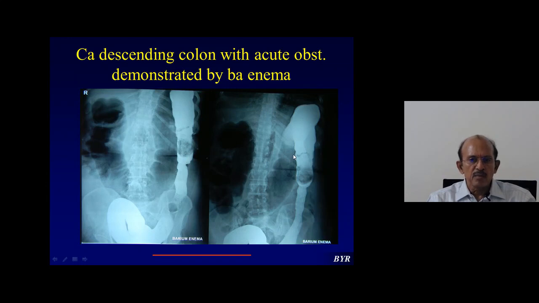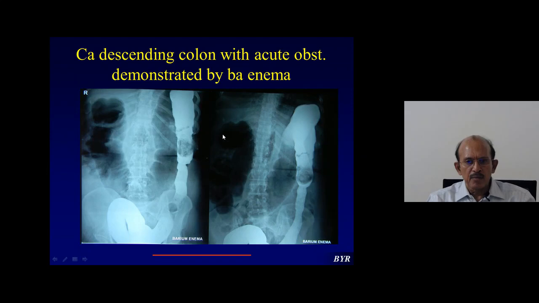And this is the second film. The patient was asked to evacuate, and then again a film was taken. So this film shows the same defect persisting. So when two films show the same defect, we call it a persistent filling defect. The borders you have to see; the borders are irregular. That is why we say persistent filling defect, which is irregular.